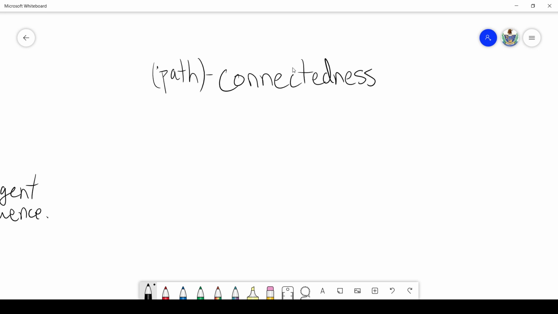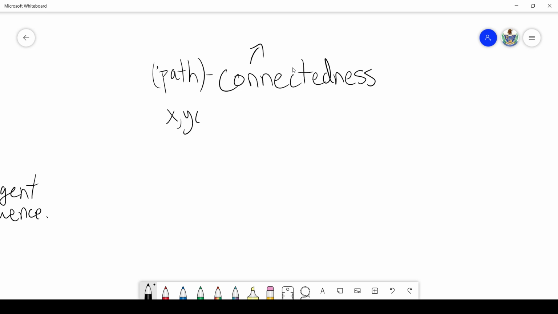In terms of logical implications, path connected will imply normal connectedness, or sorry, I think this is the other way around. But the point is, there is a normal topological definition of connectedness, but it's not really easy to work with. Path connectedness is much easier to work with.